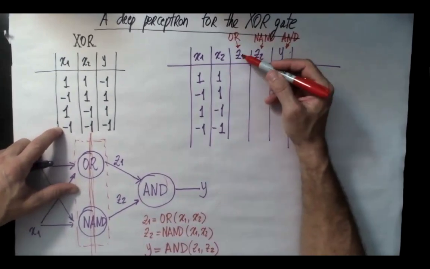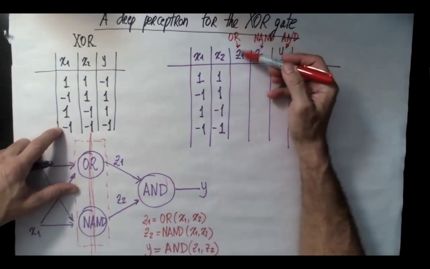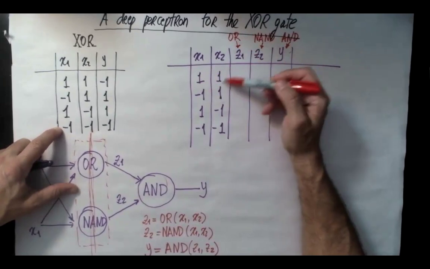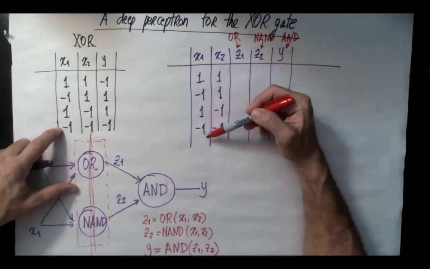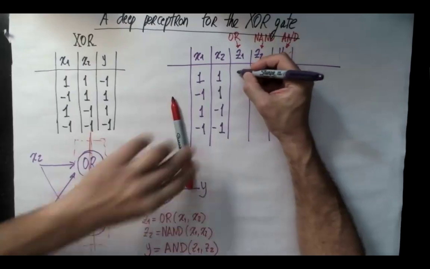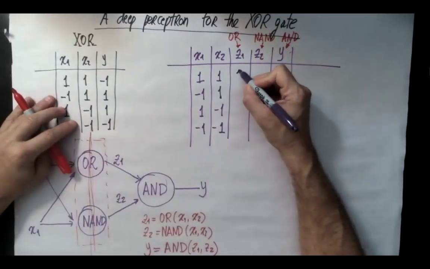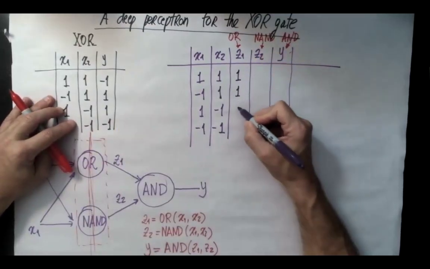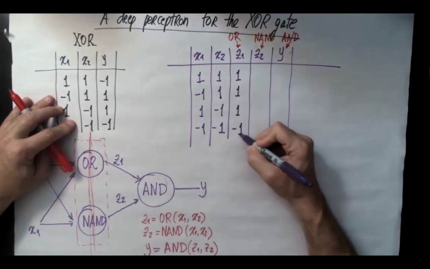The OR gate applied to these four pairs gives true, true, true, and false.